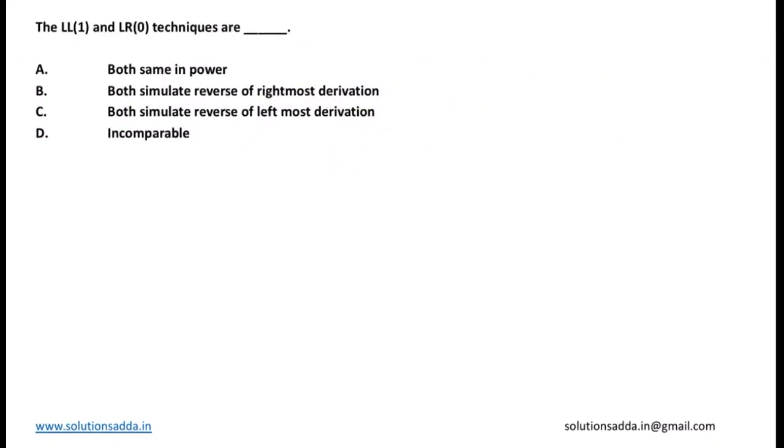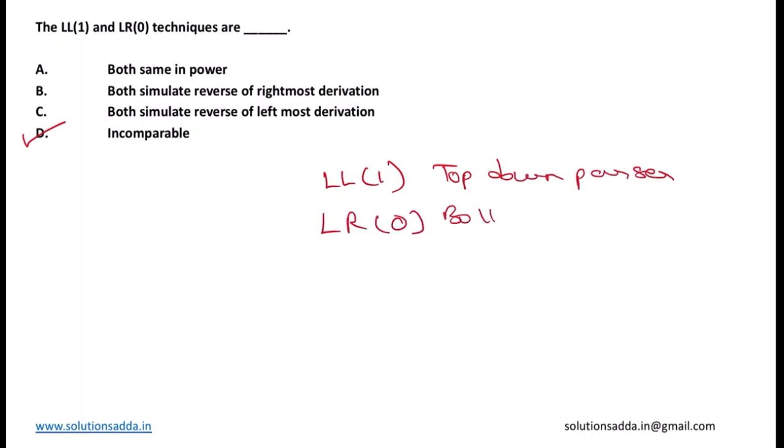This is a question from compiler design. The LL1 and LR0 techniques are both same in power, both simulate reverse of rightmost derivation, both simulate reverse of leftmost derivation, or incomparable. So the correct answer for this question is option D, incomparable, because LL1 is a top-down parser while LR0 is a bottom-up parser.